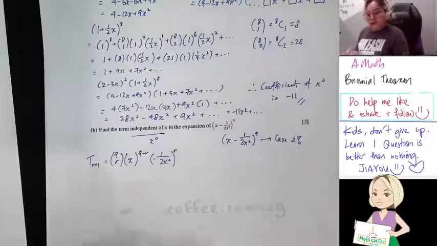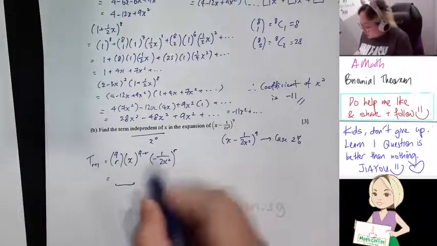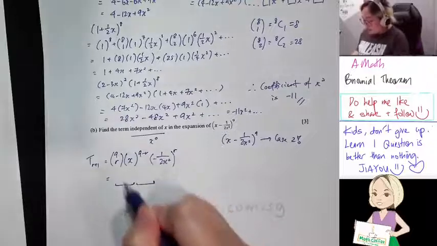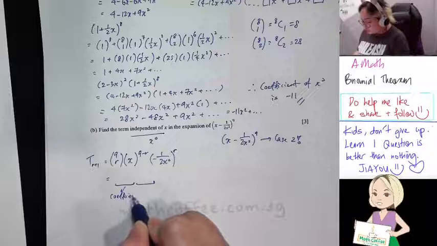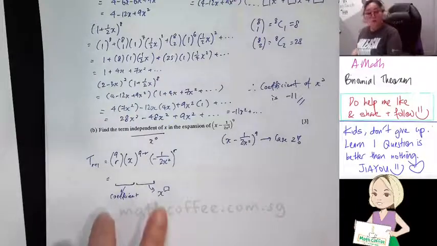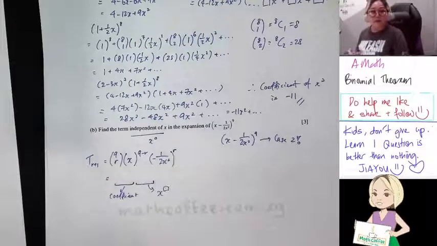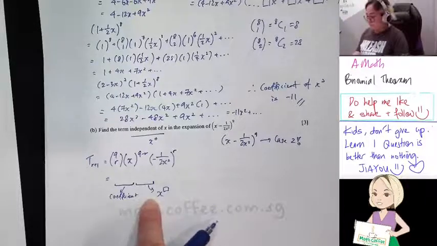Then I want to highlight that when we analyze, you will definitely know that we will have 2 parts. One is the coefficient, and the other will definitely be x to the power of something. So in this general term, let's analyze which parts contribute to the x part.